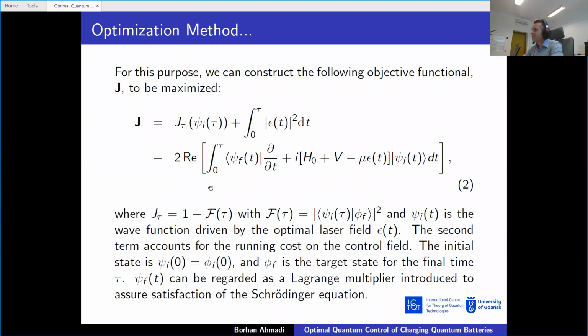And the third term is the constraint, which is the Schrödinger equation. Since the wave vector is complex, we have two constraints, and summing them up gives rise to two real parts of this Schrödinger equation. And psi f here, the bra psi f, is the Lagrange multiplier.